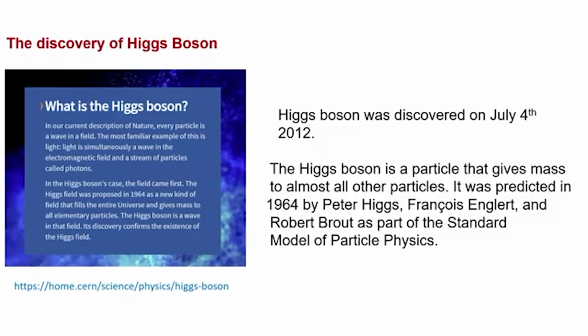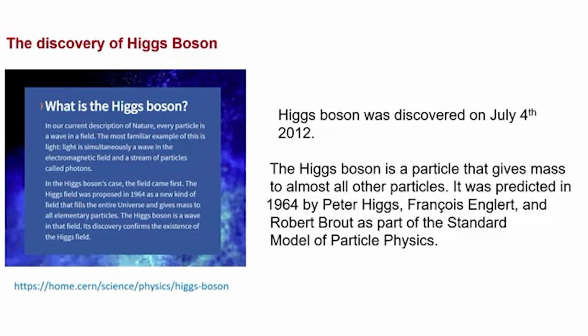In the Higgs boson case, the field came first, and the Higgs field was proposed as early as 1964, nearly 60 years ago, as a new kind of field that fills the entire universe and gives mass to all the elementary particles.